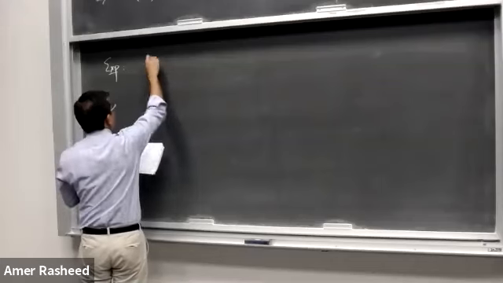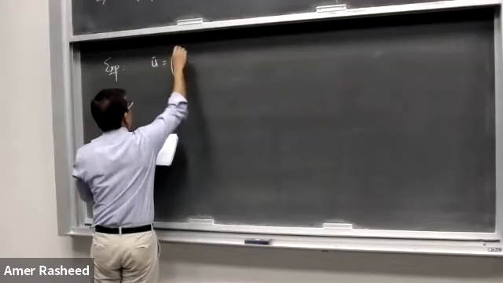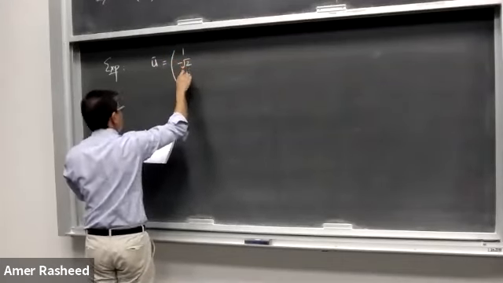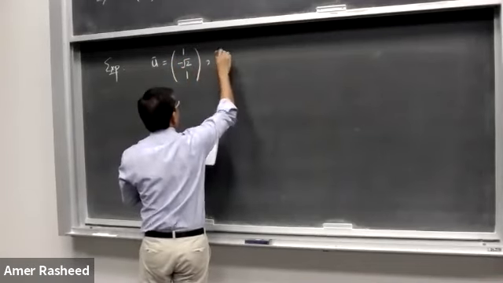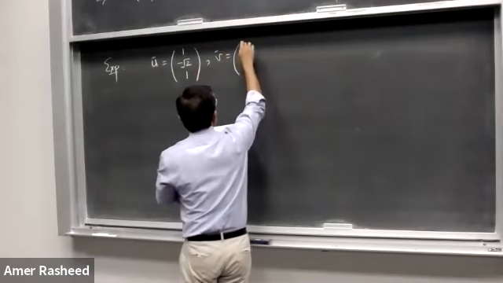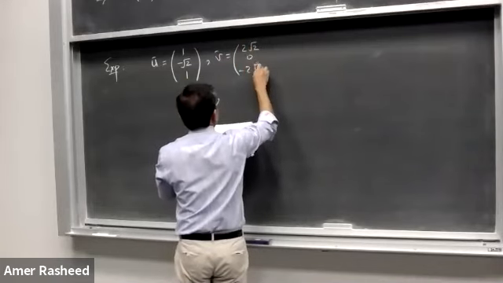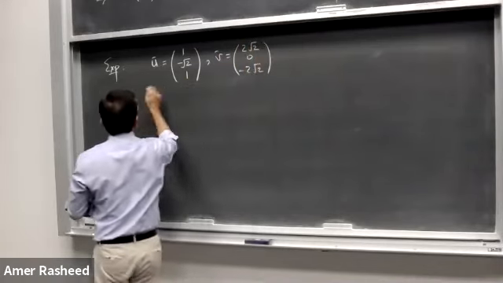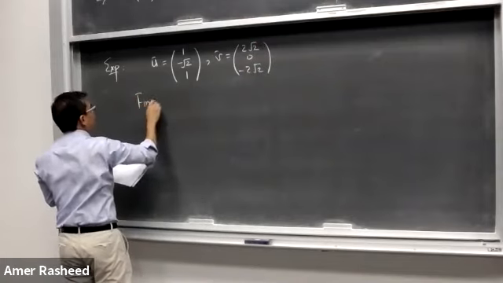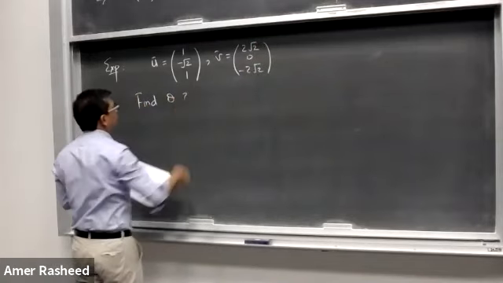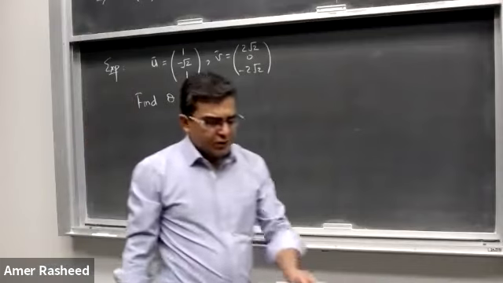For example, u is a given vector, which is 1, negative square root 2, 1, and the v vector is 2 square root 2, 0, and negative 2 square root 2. So find the angle between these two vectors. Find theta.